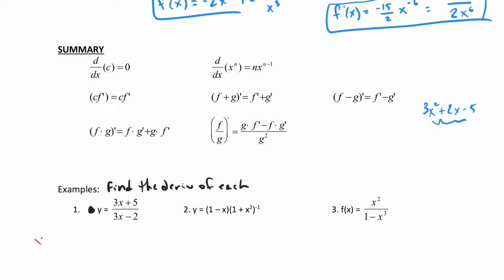So y prime will be the bottom, 3x minus 2, times the derivative of the top, which will just be 3, minus the top, 3x plus 5, times the derivative of the bottom, which will also just be 3, over the bottom squared.